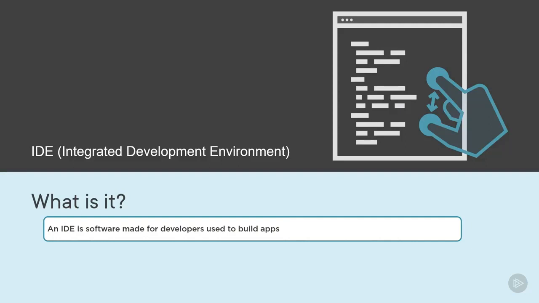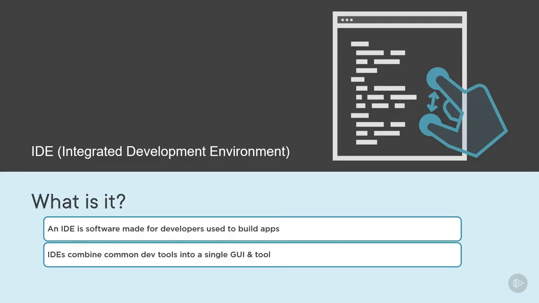Now again, that doesn't mean IDEs are not for sysadmins or DevOps folks or cloud administrators. IDEs are for anyone, and IDEs are focused around languages and a set of common developer tools, bringing those things together into a GUI and a tool that can be used to work with that language and or work with specific tools that you might need.